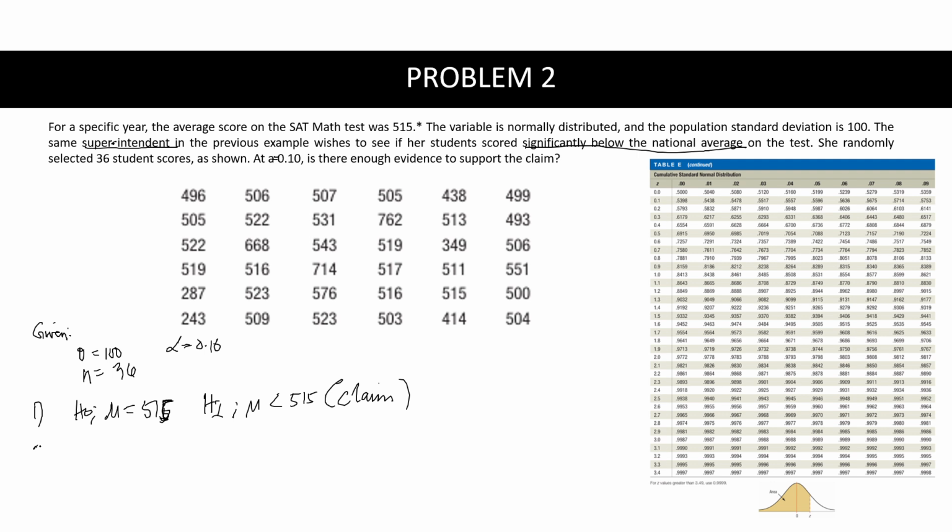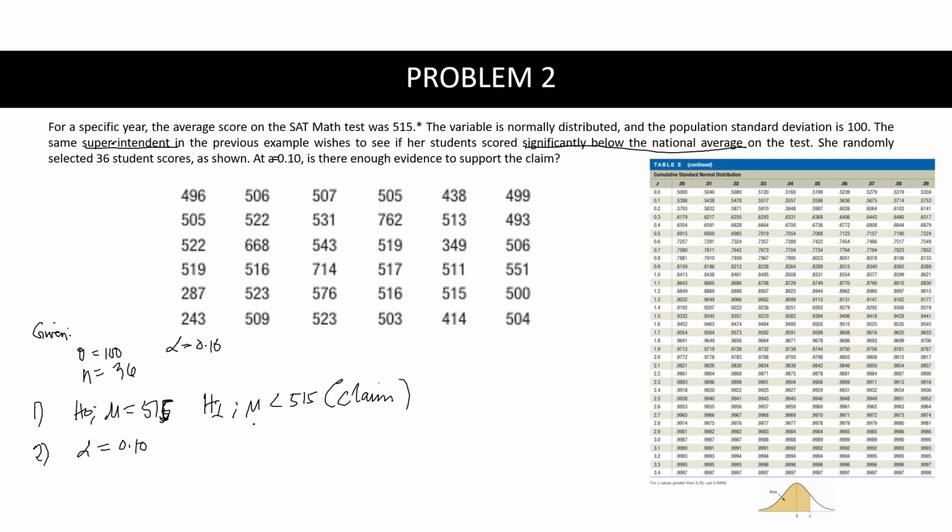The next one is we have to find the critical value. How to find the critical value with the alpha 0.10? Just locate it in the table. This is not the positive, this is negative.